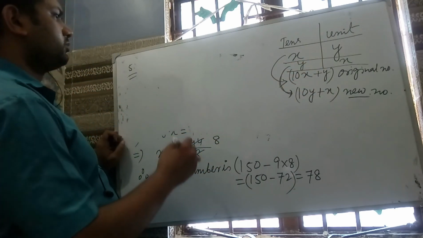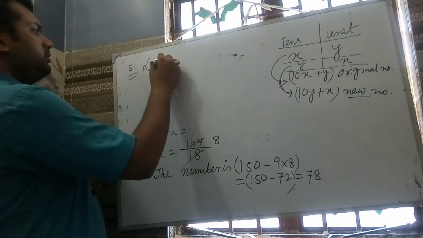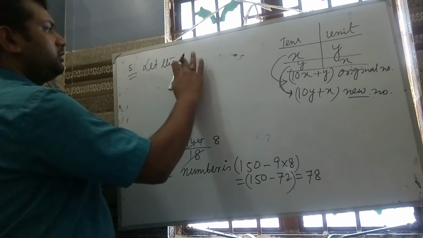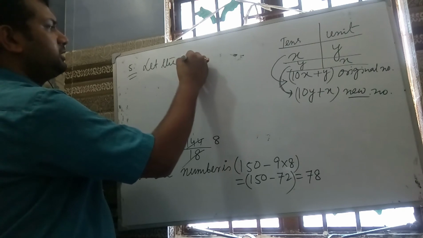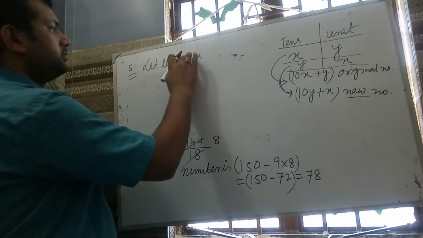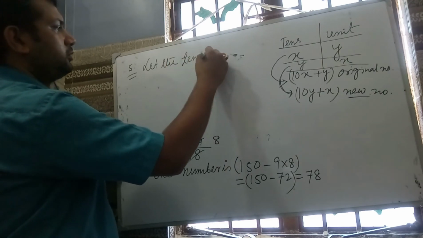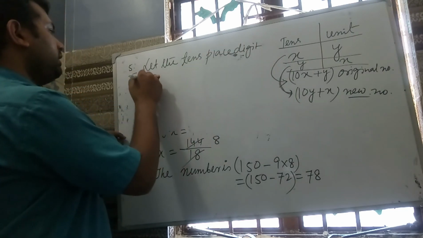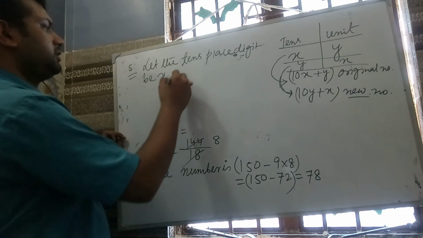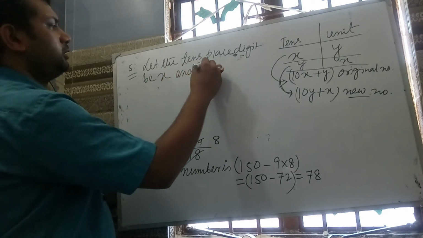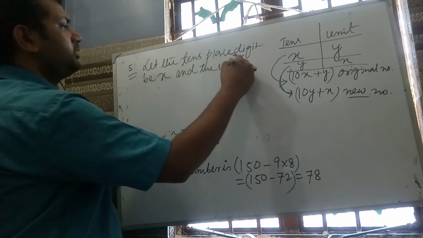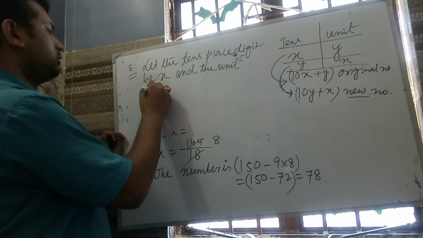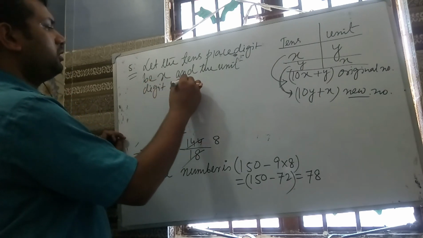So write it down. Let the tens place digit be x and the unit digit be y.